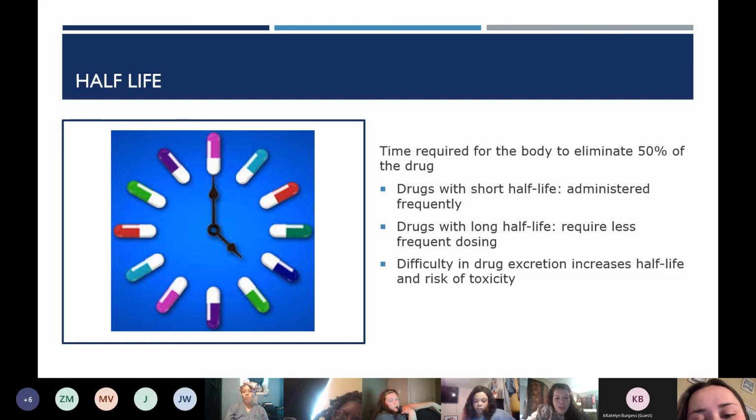We would only give a drug with a half-life of 14 hours once a day, because that means if I took it at 8 a.m., at 8 p.m., half of that drug is still in my system. Over half of that drug is still in my system. So it would not yet be time for another dose. Does everybody understand that? I probably should have given you a longer time frame. I should have said if it has a half-life of 22 hours. Y'all understand that that would only be given once a day, not 2 or 3 times a day.